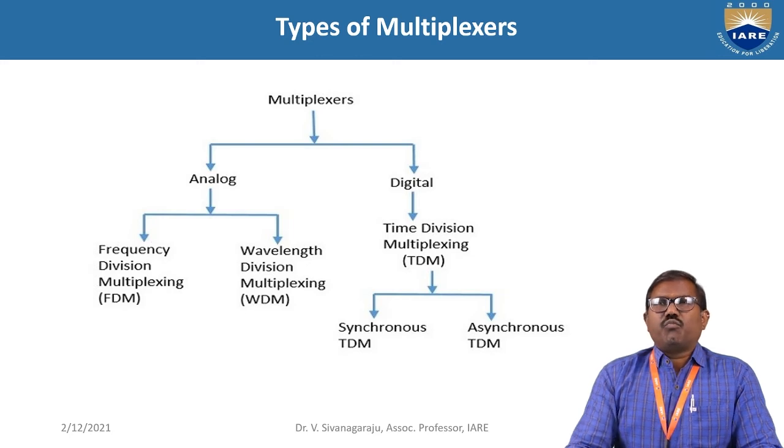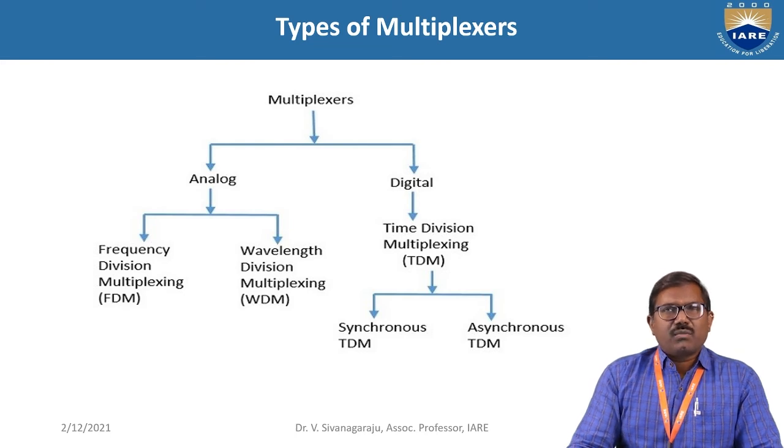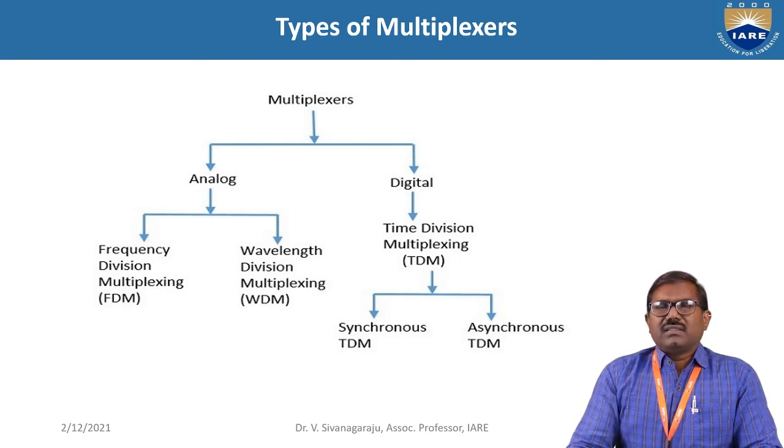So what are the types of multiplexers? Multiplexers are given in two types: one is analog and one is digital. If you use analog signals, you call it an analog multiplexer. This analog has FDM and WDM. FDM is frequency division multiplexing, and WDM is wavelength division multiplexing.